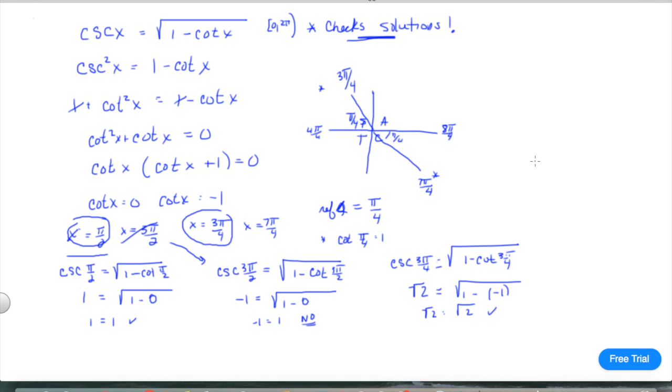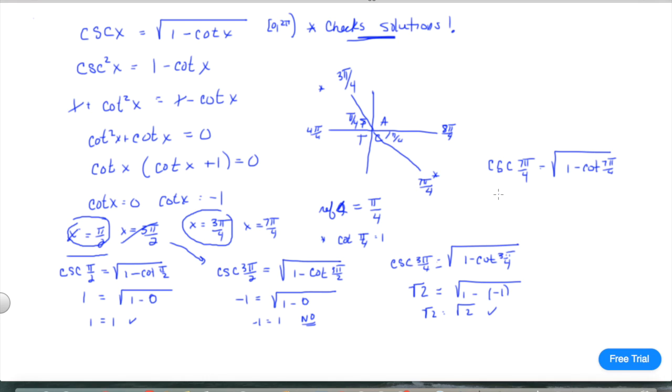And then last but not least, if we check cosecant of 7 pi over 4 is equal to the square root of 1 minus cotangent of 7 pi over 4. Okay, so again, here's my 7 pi over 4. So cosecant is going to give me a negative value.